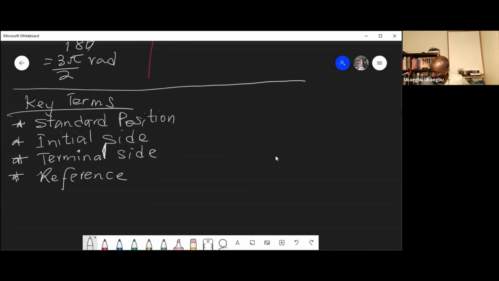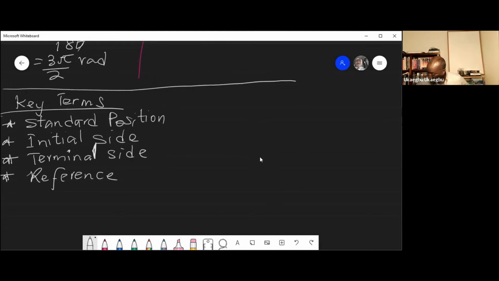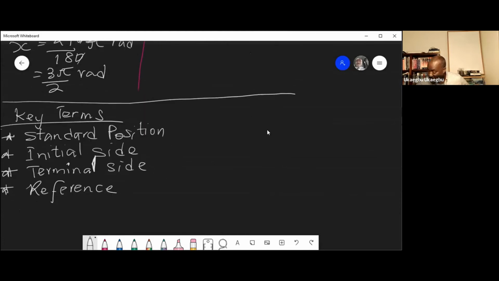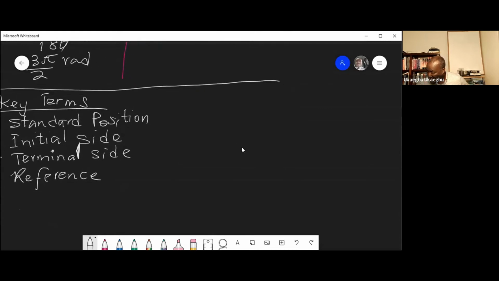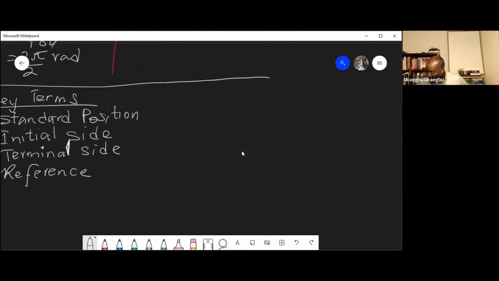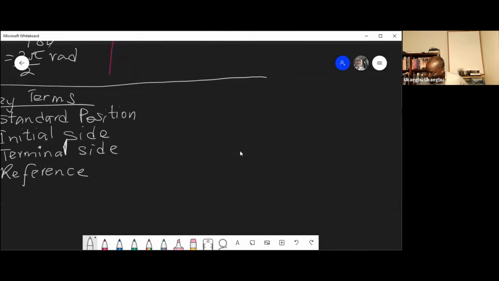Okay, so now let me redraw my diagram, the same diagram I drew above, beside these key terms. I'm just going to draw a coordinate plane. Just understand that I'm trying to sketch a straight line.